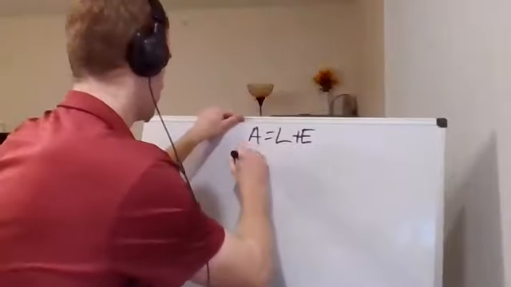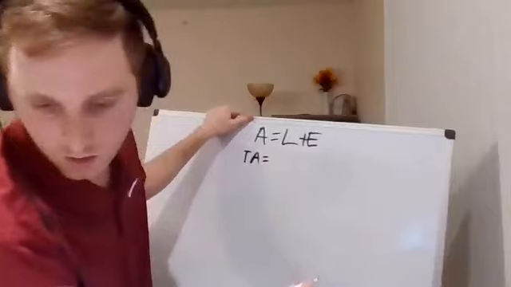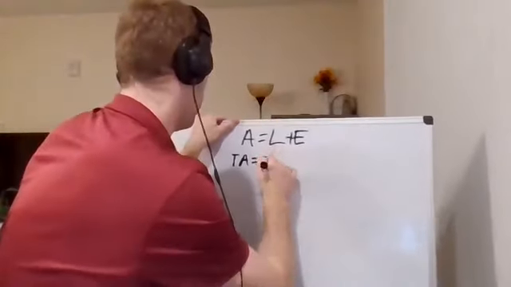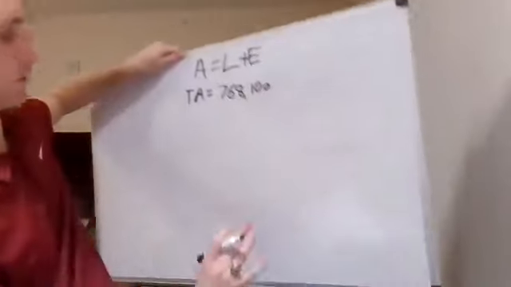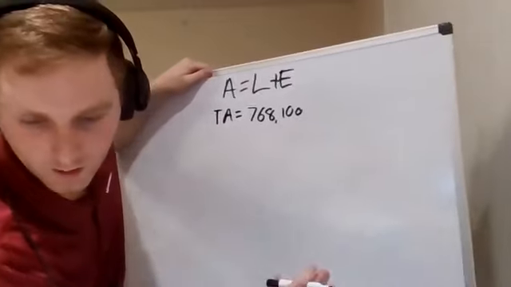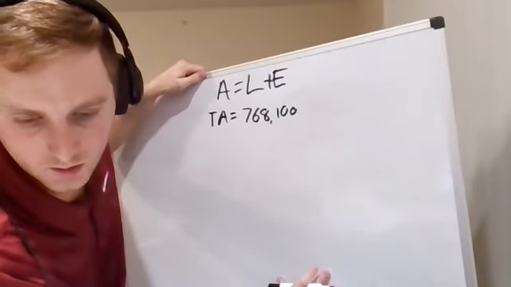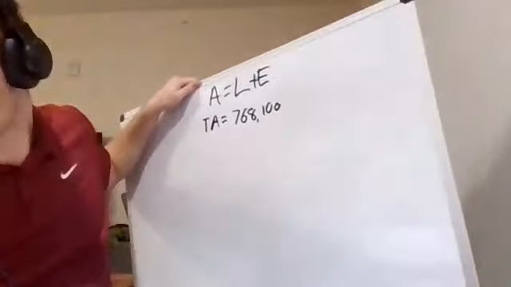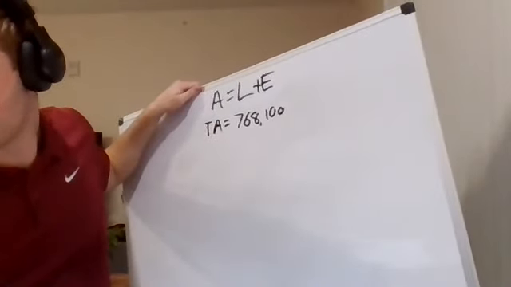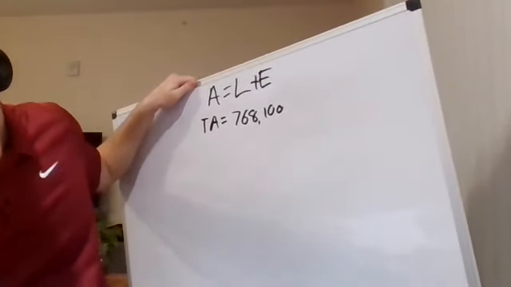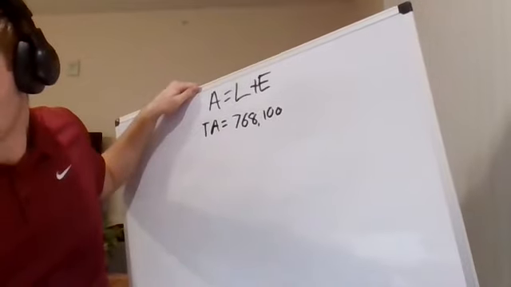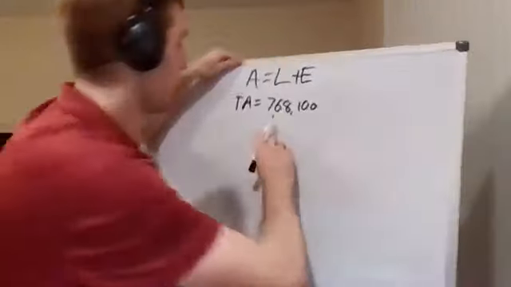Well, we know our total assets is 768,100, and we have a total debt ratio of 54%. Our total debt ratio is total liabilities divided by total assets.